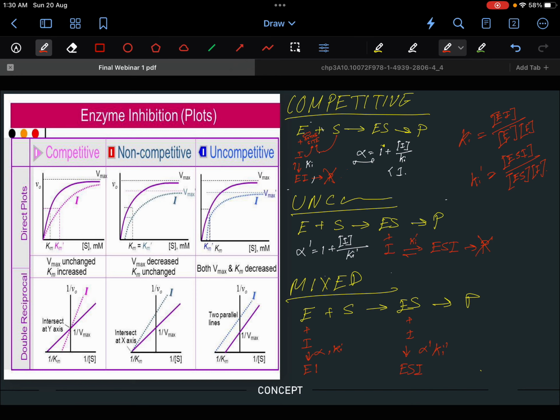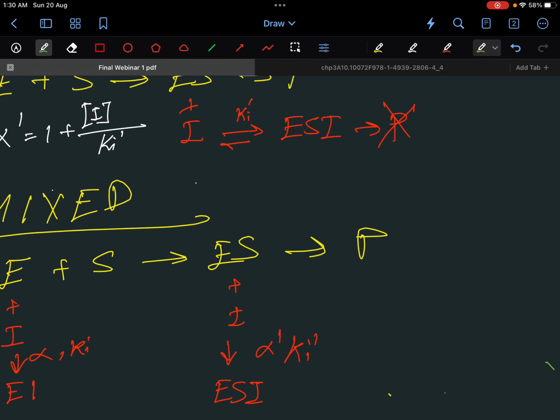So this is the concept of competitive, uncompetitive and mixed inhibitions, and there are two key concepts that you need to remember. Whenever inhibitor is binding, do you think Vmax will increase at any point of time? The maximum velocity cannot increase, right? Otherwise we could have added inhibitor to every enzyme reaction to increase the Vmax.